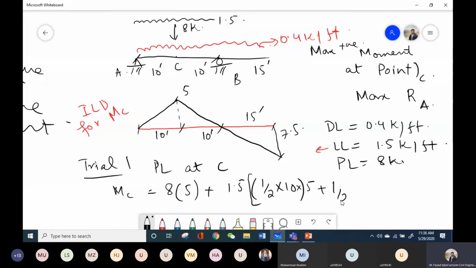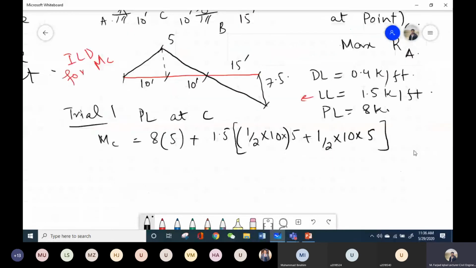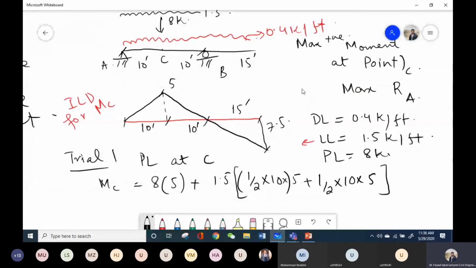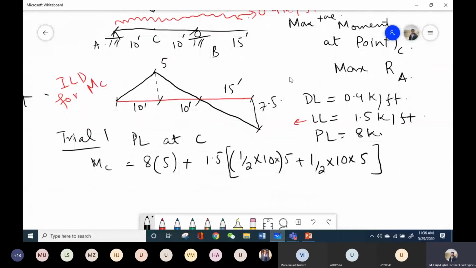And the third load is the dead load. The dead load is acting over the entire length and you can't change it because it is the weight of the structure itself. So it will remain as it is, and the value is 0.4. Now there are 3 triangles for this dead load case. Two of them are these ones, half into 10 into 5 plus half into 10 into 5.